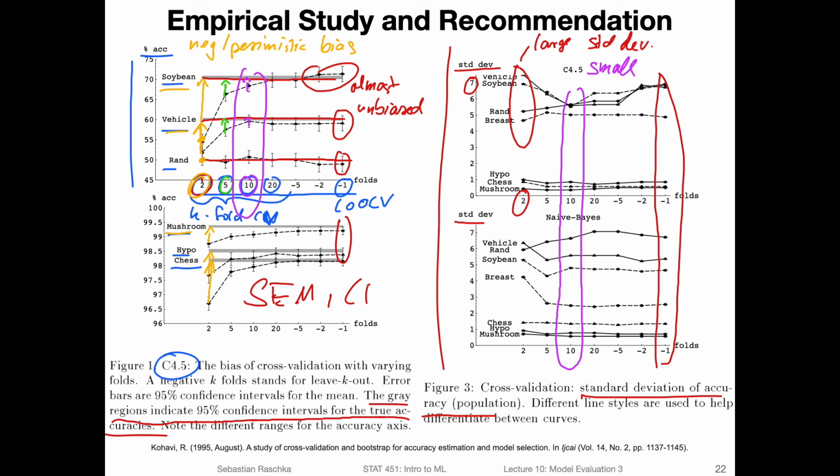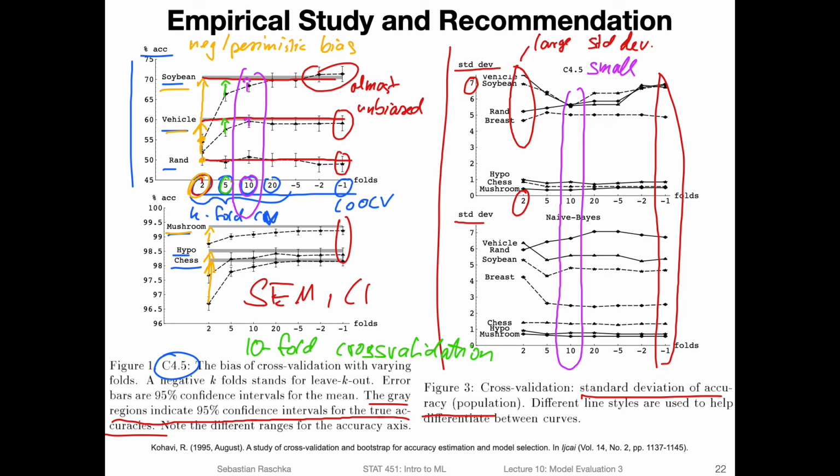So in practice, based on this paper, Ron Kohavi's recommendation is to use tenfold cross-validation in practice. That's the one he recommends, and many machine learning practitioners also recommend it, compared to using leave one out cross-validation or fivefold cross-validation.